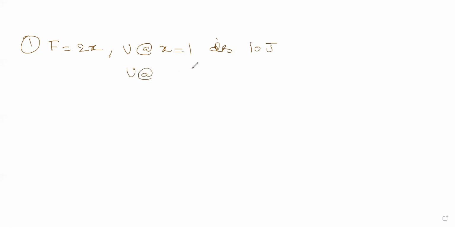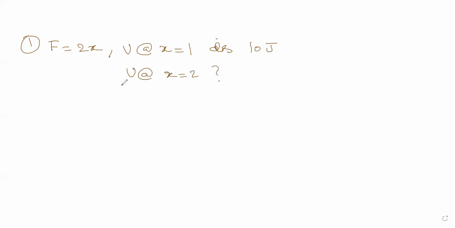The first problem: F is equal to 2x, and you have U at x equal to 1 is 10 joules, and U at x equal to 2 you had to find.